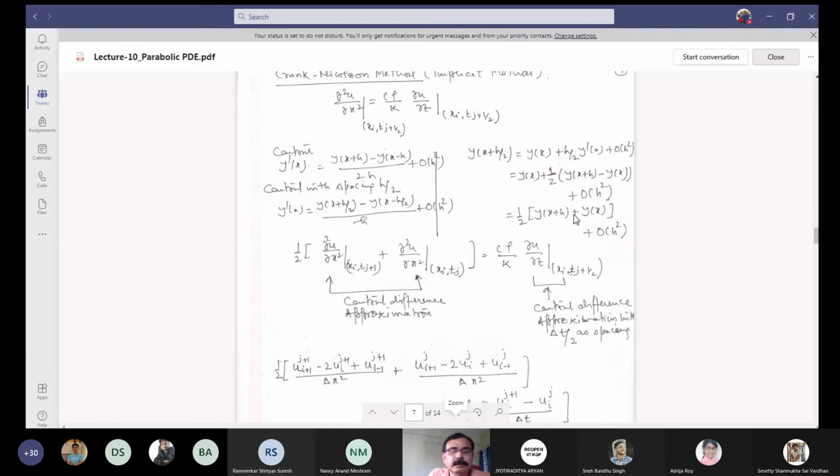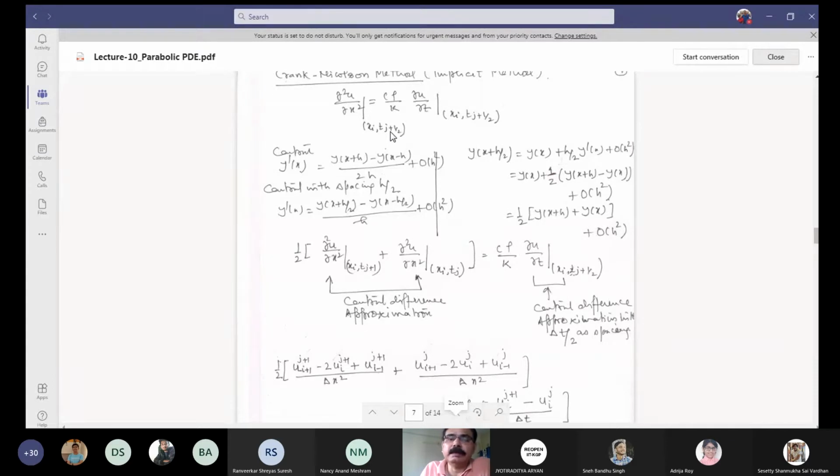Yes, sir. Okay. Now this is the problem, that del square u by del x square equal to 1 by k del u by del t. So instead of taking at x_i, t_j, everything is same, that we have the subdivision of your x direction, t direction, and suppose in the x direction the step size is your delta x, t direction the step size is your delta t, your domain is there.